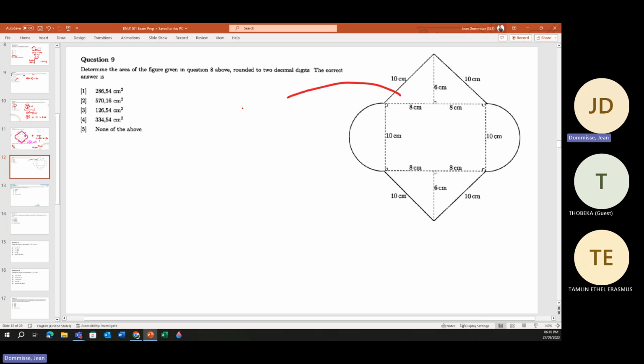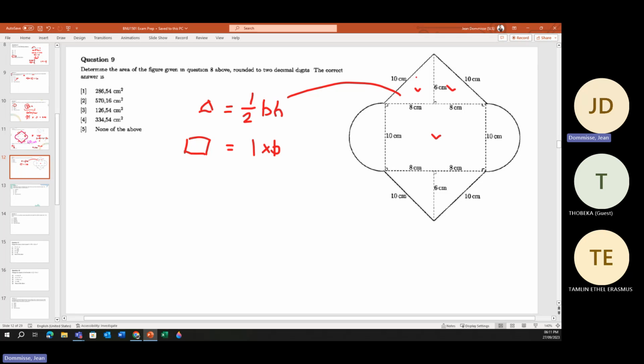So the first one is the triangle, and we're going to work with the formula of half base times height. So that will be the triangle. In here we've got not a square, but what is it? A rectangle. So for a rectangle, we basically use length times breadth, so that we will be able to do that.